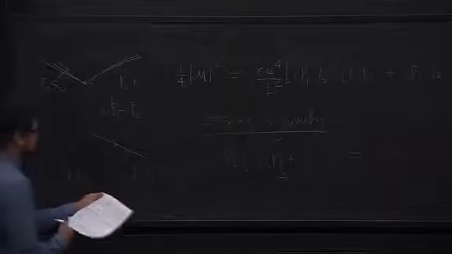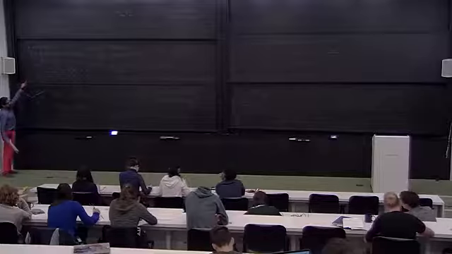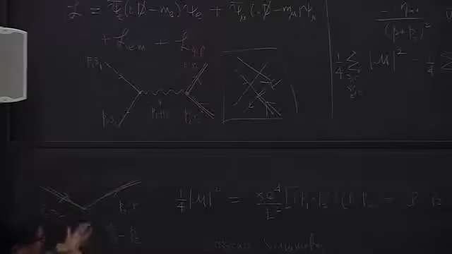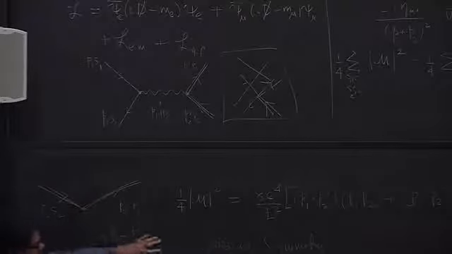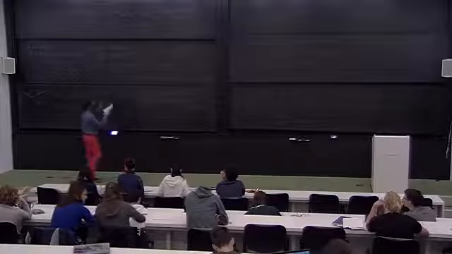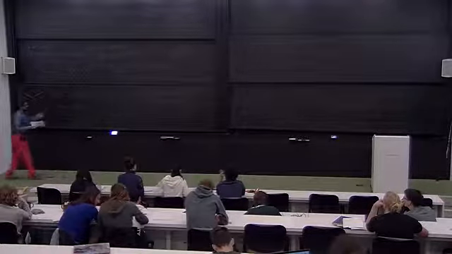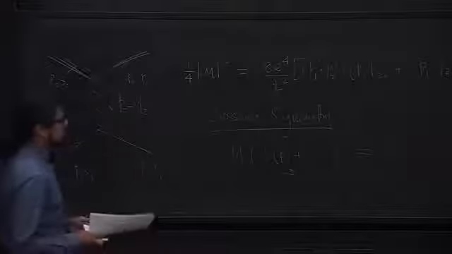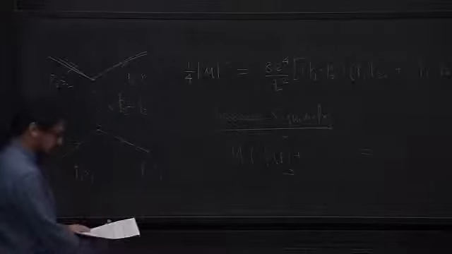The way that I have chosen the labels for the momenta here are not exact. So once you do those replacements, you'll get an expression, but then you have to relabel those momenta to get this guy. But you basically get from one amplitude to another by doing those replacements.